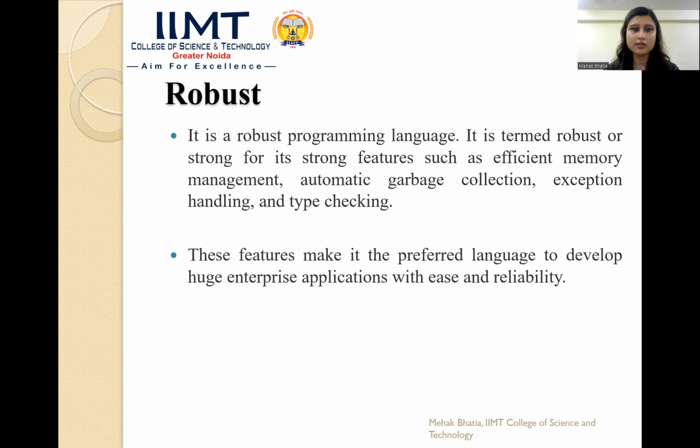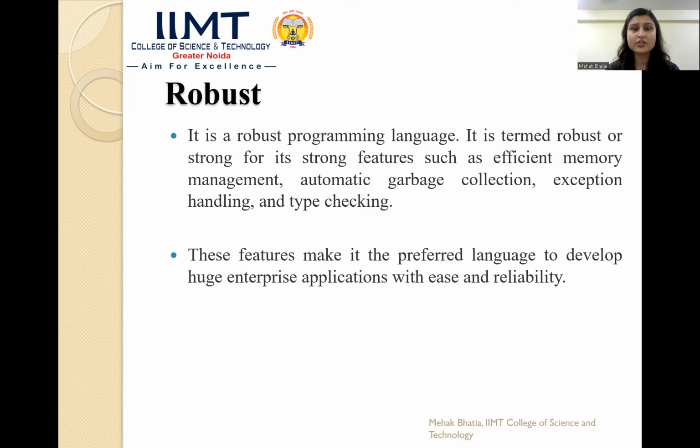Next is robust. Now, what do you mean by the word robust? Robust means strong or healthy. So how can Java be a strong language? Java is a robust programming language for its strong features.